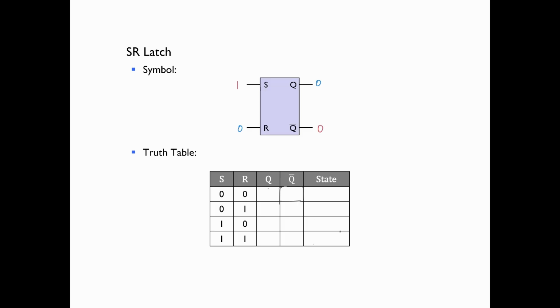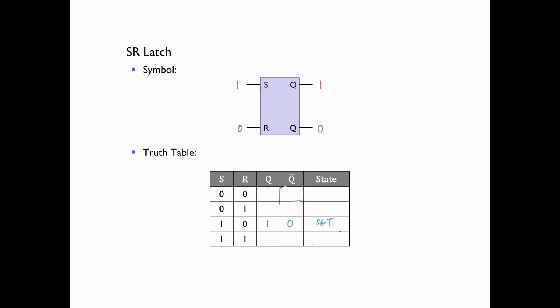After that Q will become a 1. This is what we mean when we set a SR latch. That means we set the output to be a 1. So Q will become a 1 and Q bar will be a 0. This is what we call the set mode.